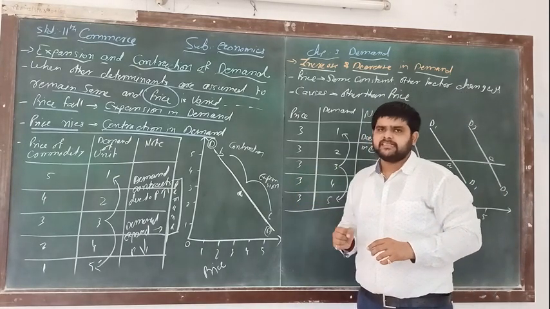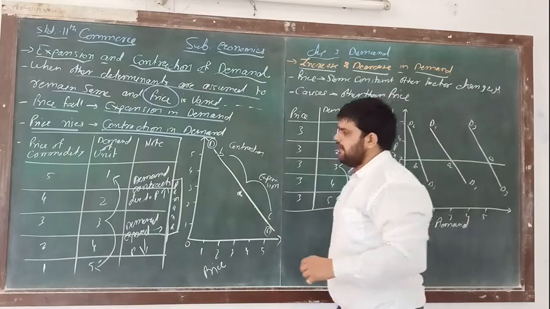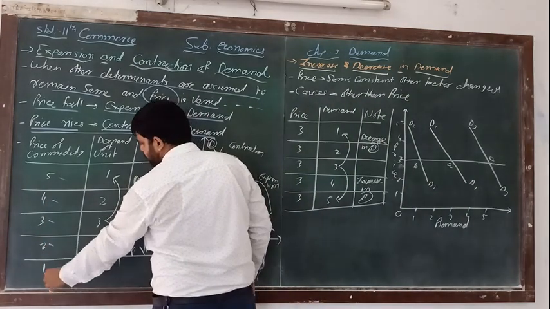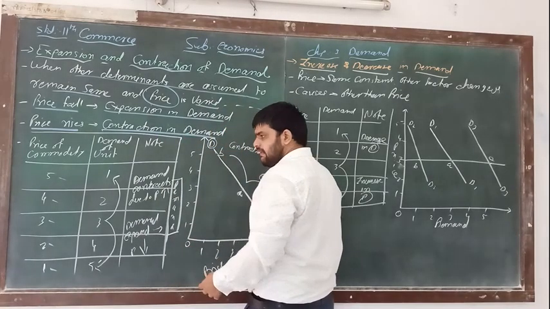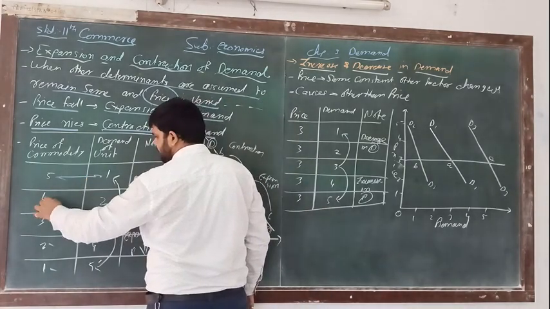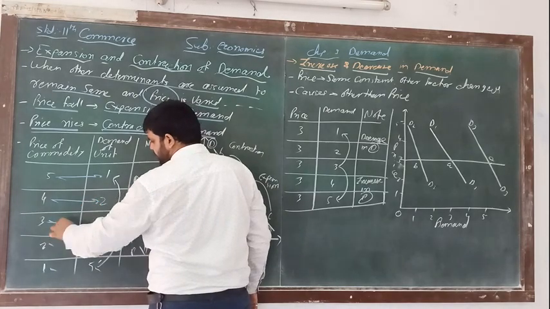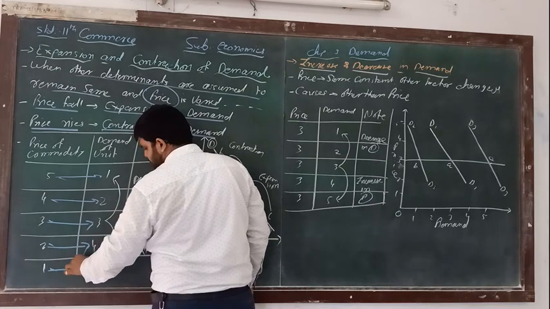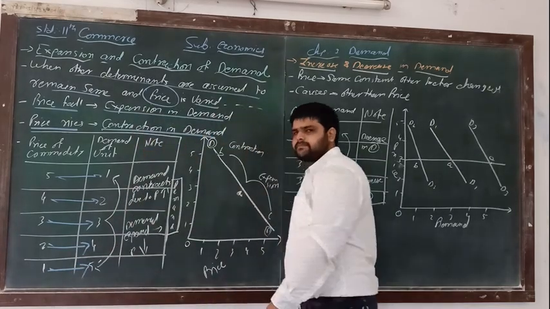Let us take one example. Price of commodity is 5, 4, 3, 2, 1. If price is 5 rupees, demand is 1. Price 4, demand 2. Price 3, demand 3. Price 2, demand 4. Price 1, demand 5.